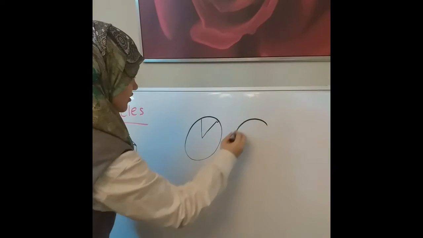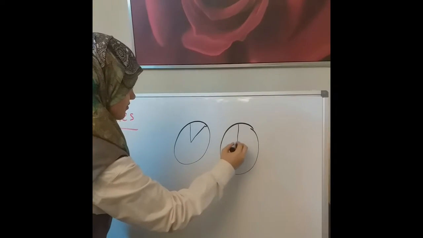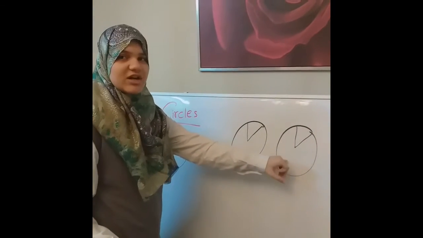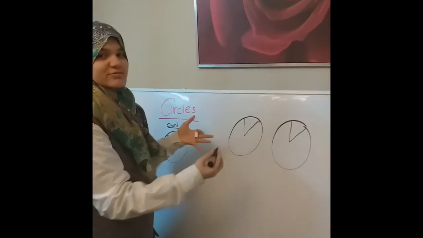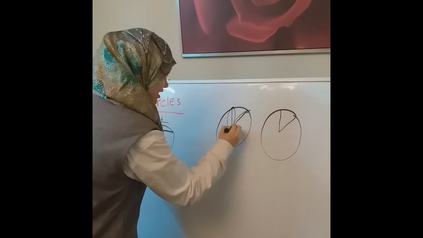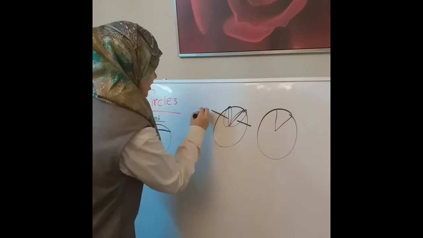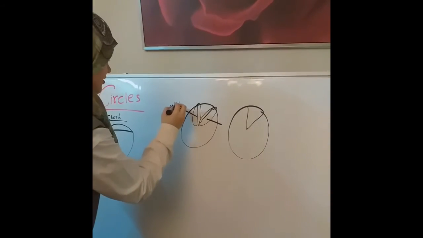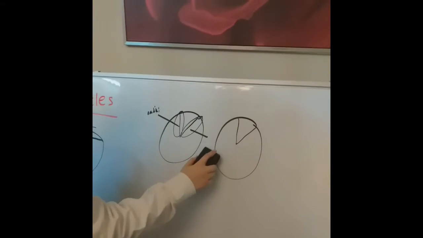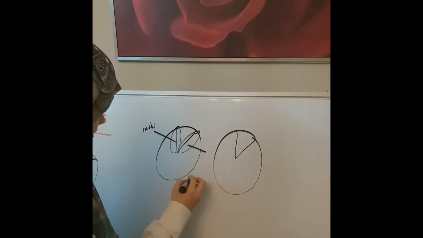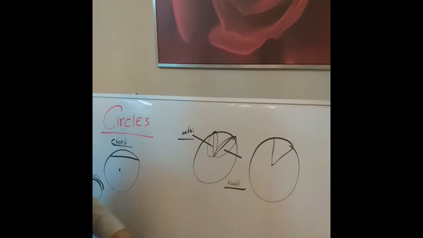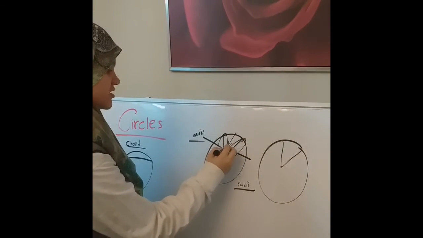Here is also the same thing. But see here, this has a name and this circle also has a name, and they have the same shape. Can you see this line and this line? Both of them are radii. But what is inside here?